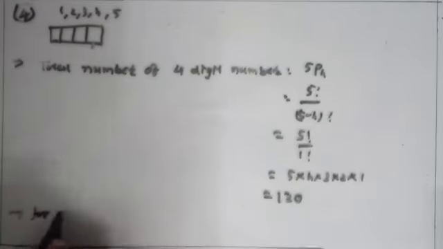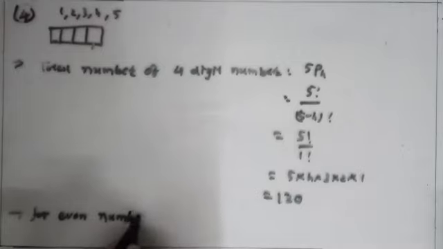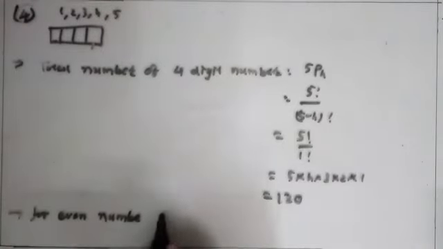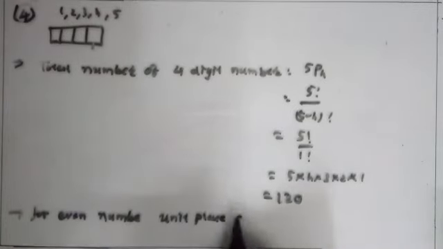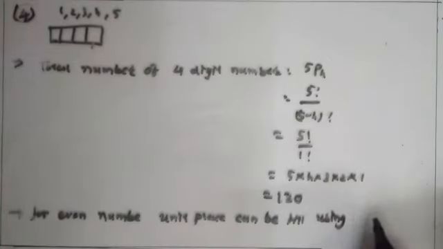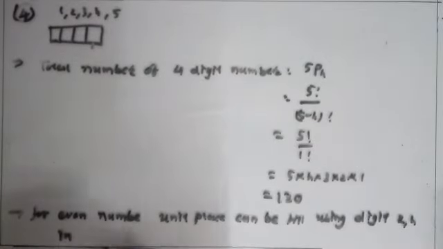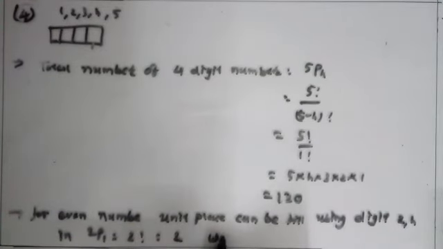For an even number, the unit place can be filled using digits 2, 4 in 2P1, which is equal to 2 factorial, which is equal to 2 ways.